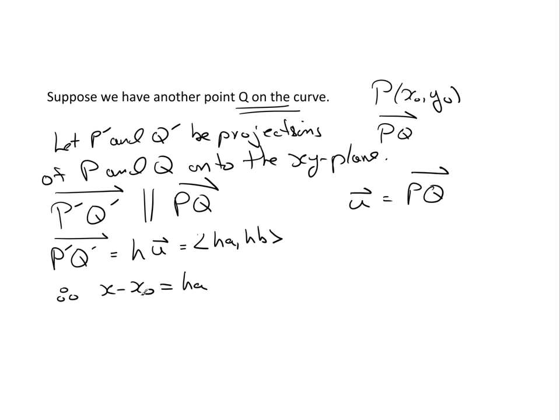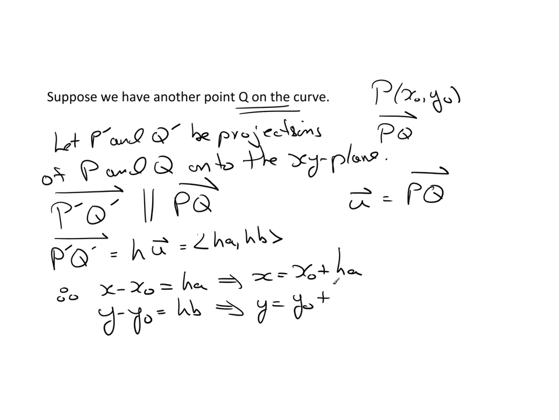So x minus x naught will be equal to hA, which obviously means that x is equal to x naught plus hA. y minus y naught is going to be hB. That obviously gives me that y is equal to y naught plus hB.